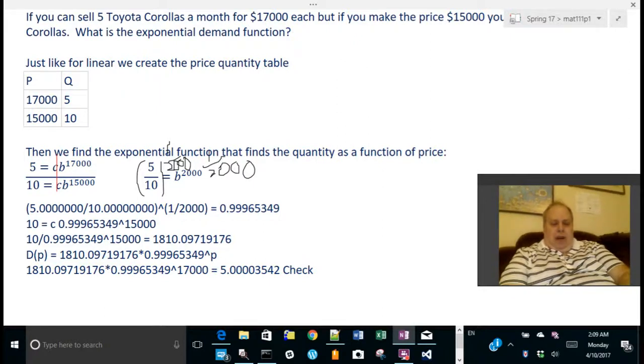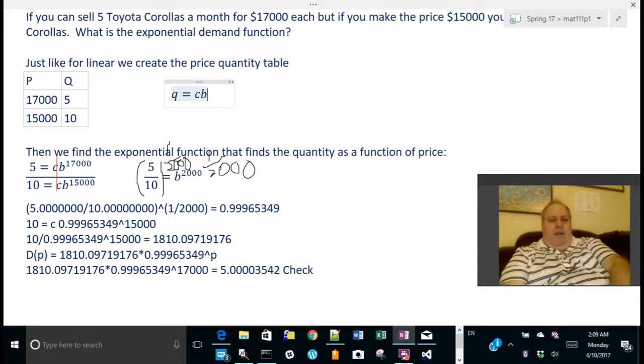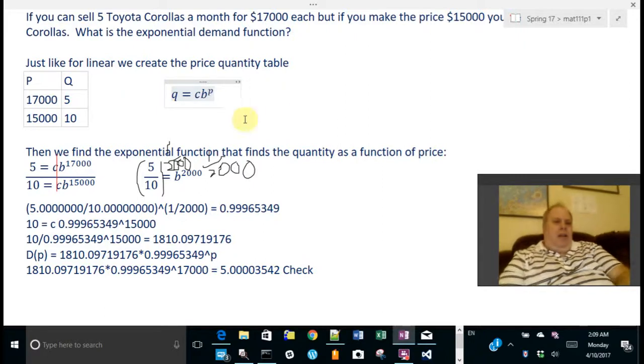So we're going to have the quantity, little q, equals c b to the p. That's the coefficient and the base to the price, and that is the general form of exponentials.